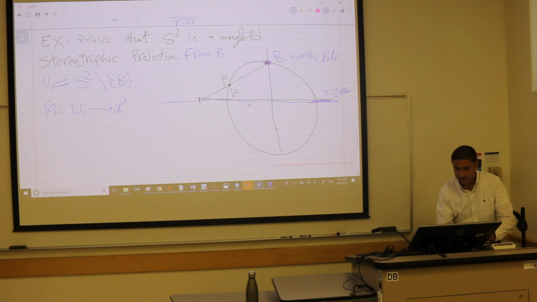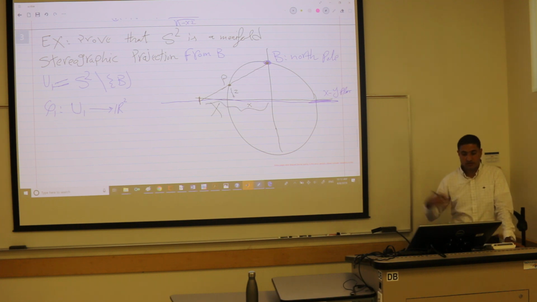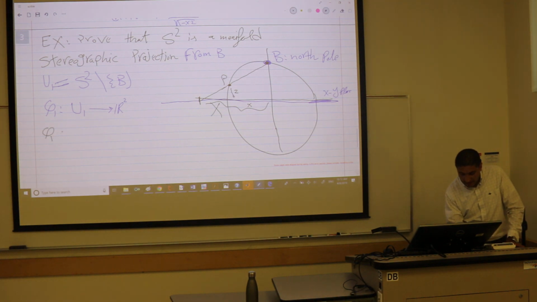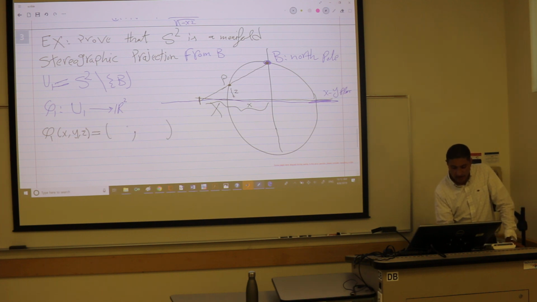So this gives you the X coordinate of the projection. This entire thing is the X coordinate of the projection. And you can do the same for Y. So phi1 will take X, Y, Z and project it into the XY plane, but it's not just little x and y, it's these capital X's and Y's. How to get them? That's super easy.